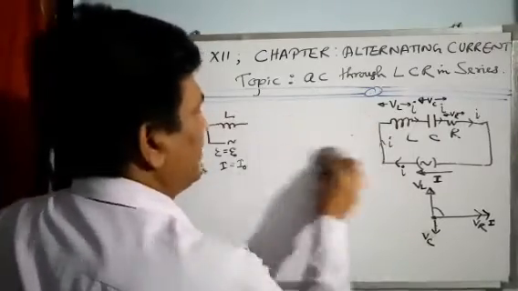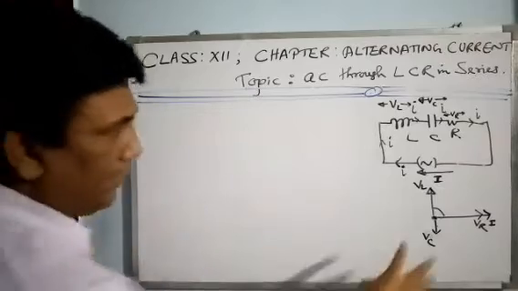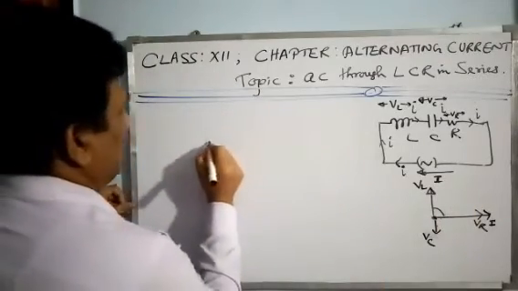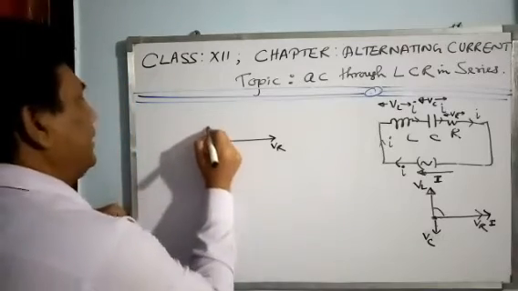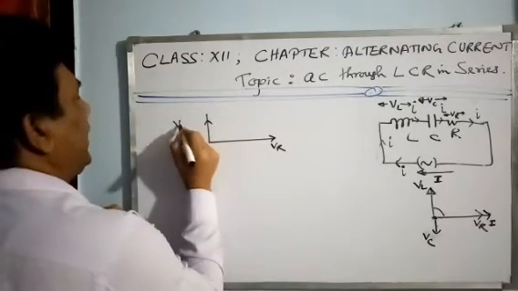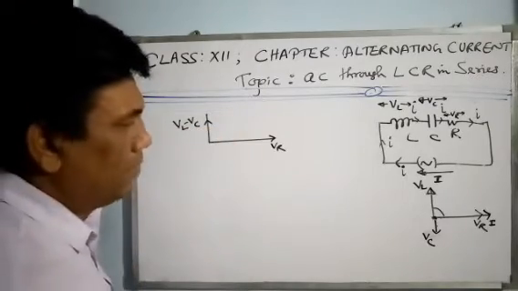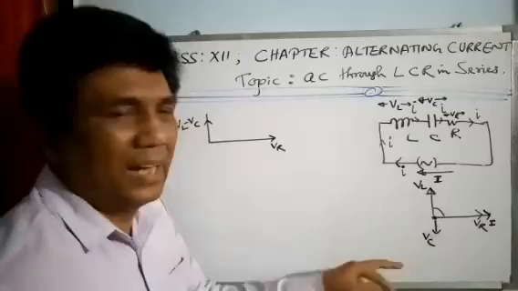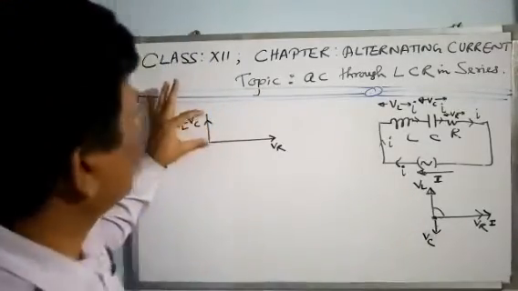Here I will see an interesting fact. If I combine, this is VR, and this will be VL minus VC. I am assuming that at any moment VC is less than VL, but these two may be equal also. If they are equal, then this part will be 0.